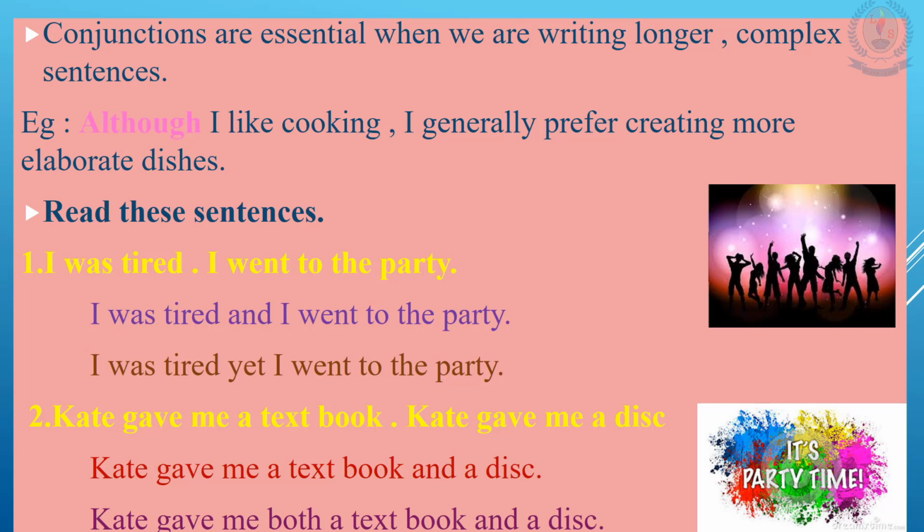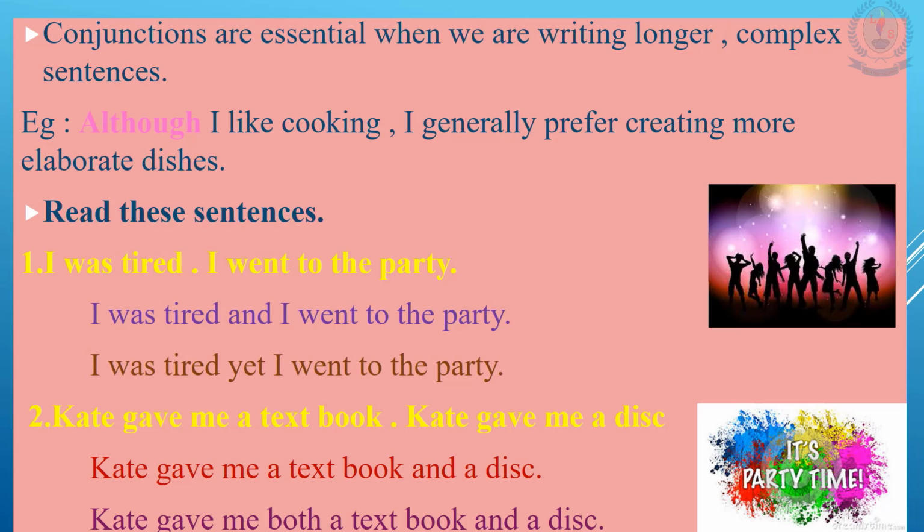Right. Conjunctions are very important when we are writing longer, complex sentences. If we write several short sentences, that leads to repetition and a monotonous style, but by using conjunctions, we can write one longer, complex sentence. Now look at the example given below. I like cooking.